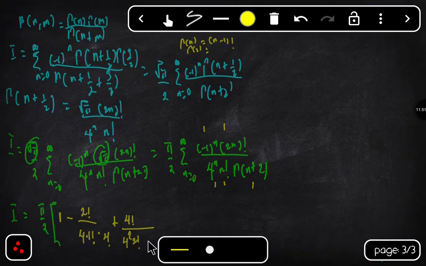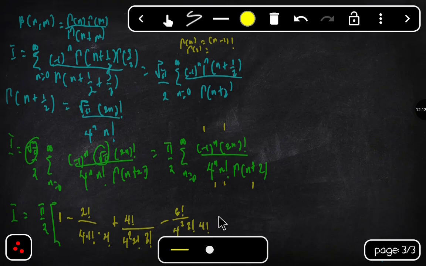So gamma of 4, that will be 3 factorial, okay, then minus, when you substitute n to be 3, 2 times 3 will give us 6, so you have 6 factorial over 4^3, okay, then you have 3 factorial, then you have 3 plus 2 will give us 5.